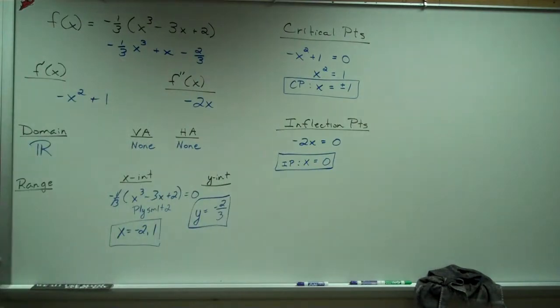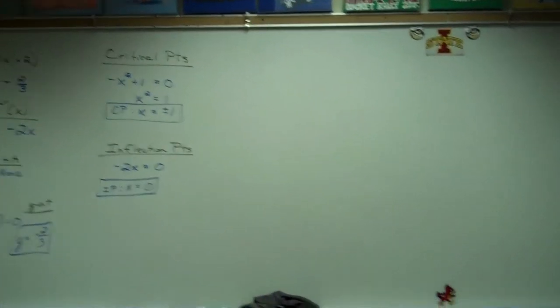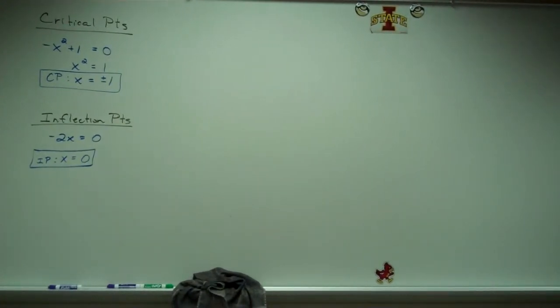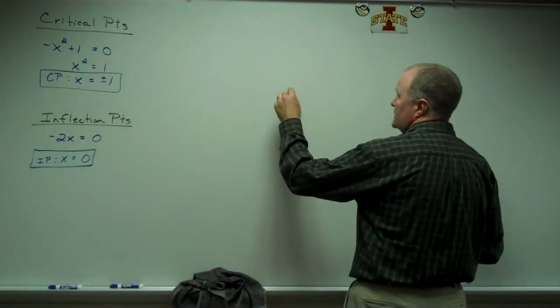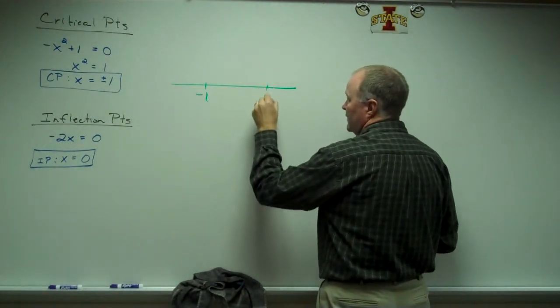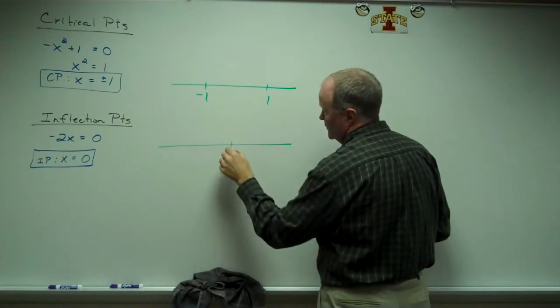What do I have next? Increasing, decreasing charts, right? Line up my critical points: -1, +1, and underneath, 0.